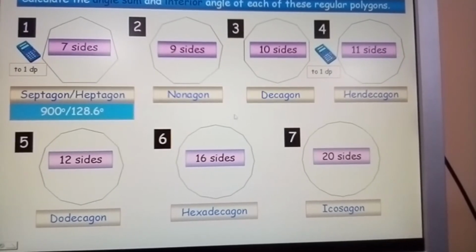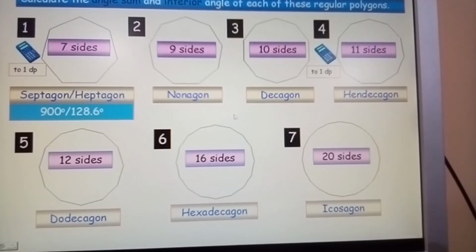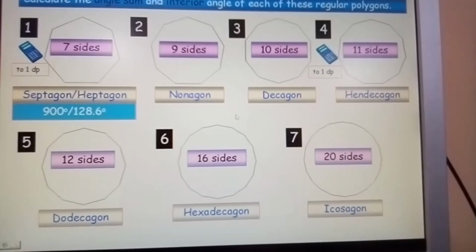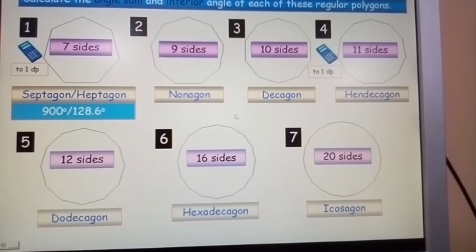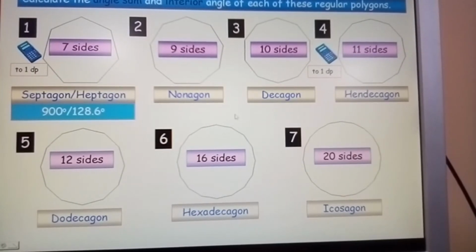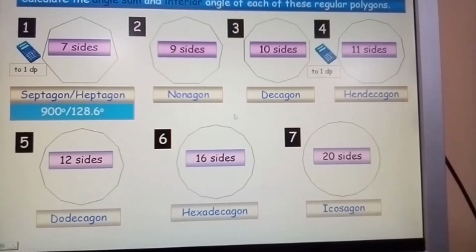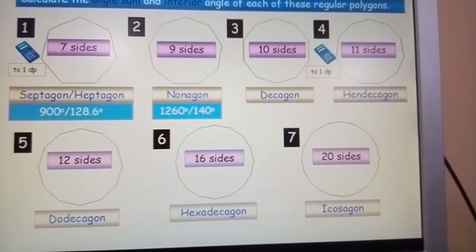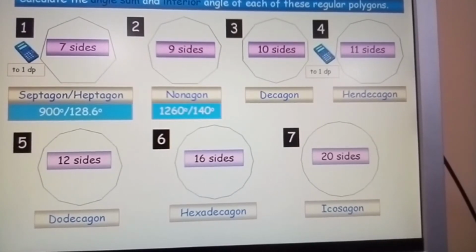You need to write out the information for yourself, draw out the diagrams with the sides, and apply the formula. Okay, so let's get them filled in.